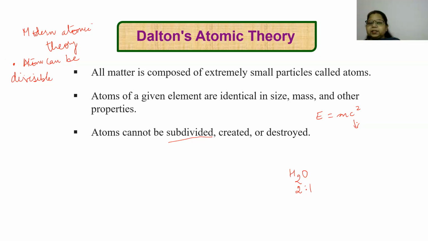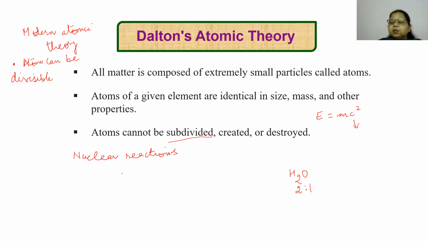I'll say this formula tells me that matter can be created or it can be destroyed. But these are not chemical reactions. These are called nuclear reactions. In a nuclear reaction, matter can be created or it can be destroyed, right?